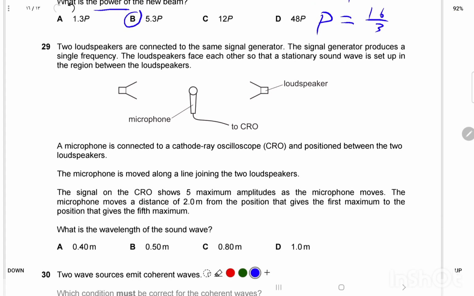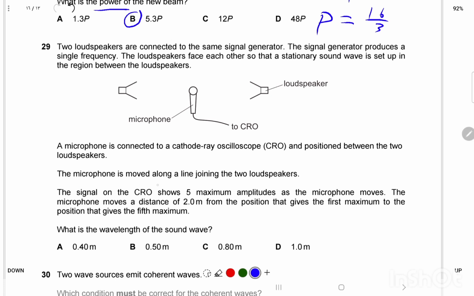Number 29. Two loudspeakers are connected to the same signal generator. The signal generator produces a single frequency. The loudspeakers face each other so that the stationary sound wave is set up in the region between the loudspeakers. A microphone is connected to a cathode ray oscilloscope CRO and positioned between the two loudspeakers.